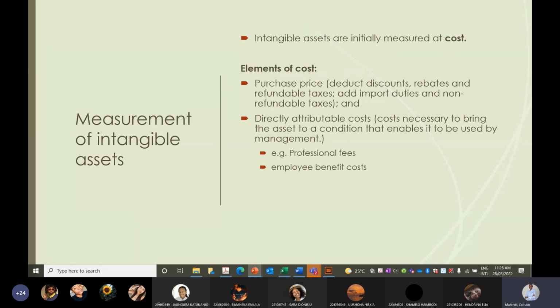So all of those developmental costs, including the employee costs of the workers that worked on developing Microsoft Teams software, must be included as part of the cost of developing the software. And we know that computer software, which is separable, is an intangible asset.